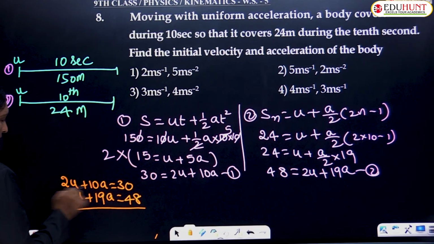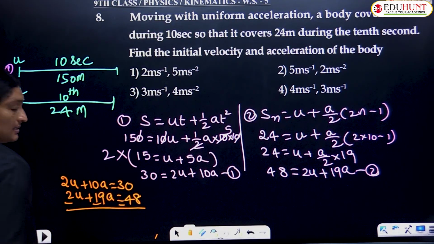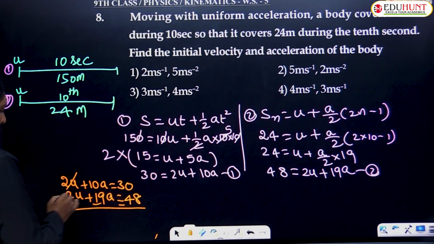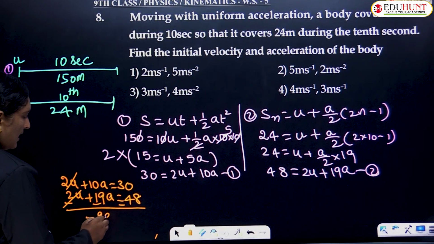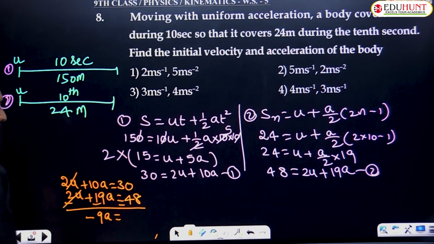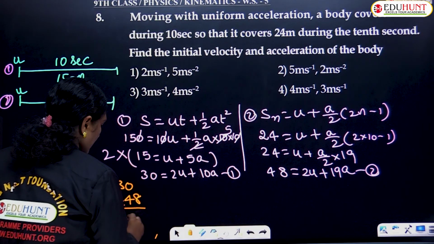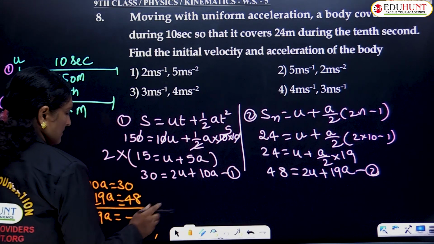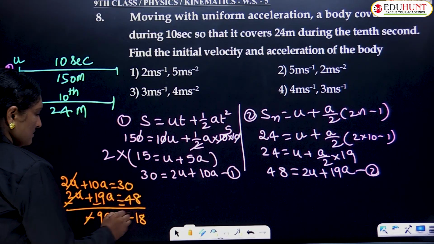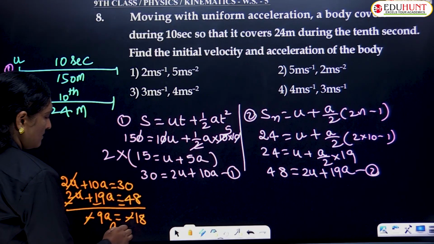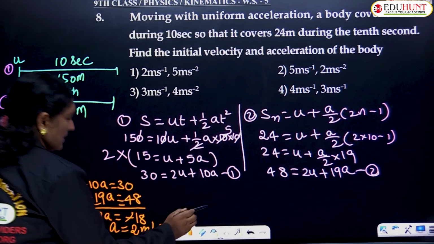If you subtract both the equations, 2u minus 2u is 0. 10 minus 19 is minus 9a equals 30 minus 48, which is minus 18. Minus 9 times 2 is 18. Hence a equals 2. The value of a is found to be 2 meter per second square.